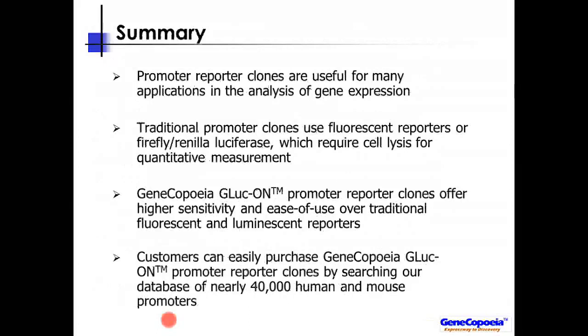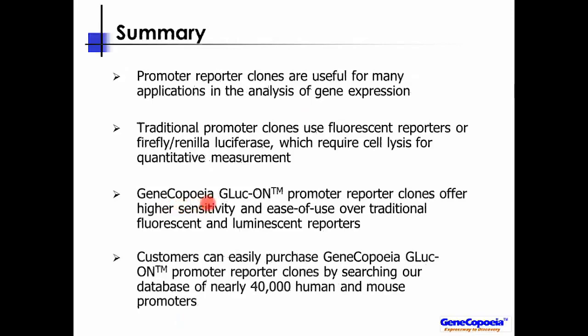And now I'm just going to briefly summarize. I told you about how promoter reporter clones are useful for many applications in the analysis of gene expression. I told you about how traditional promoter clones use fluorescent reporters or firefly or Renilla luciferase, which work well, but they require cell lysis for quantitative measurement.